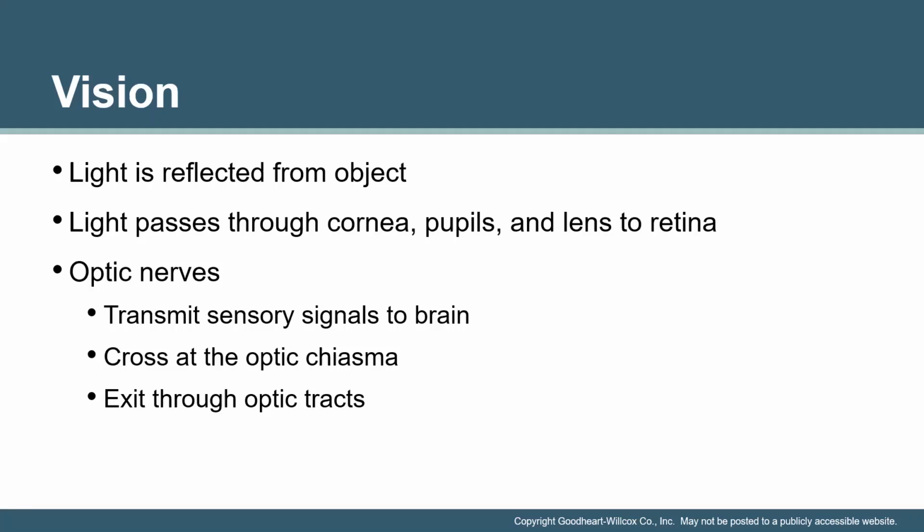It will pass through the cornea, will have to pass through the pupil and then the lens and then to the retina. The rods and cones in the retina are stimulated and send impulses to the optic nerve, which will transmit a signal to the brain. You have two optic nerves, one from each eye, that will cross at a place called the optic chiasm. And we mentioned that within our neurology section.